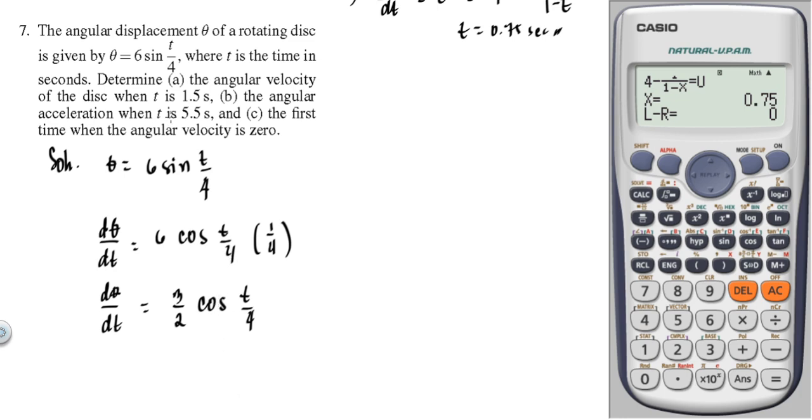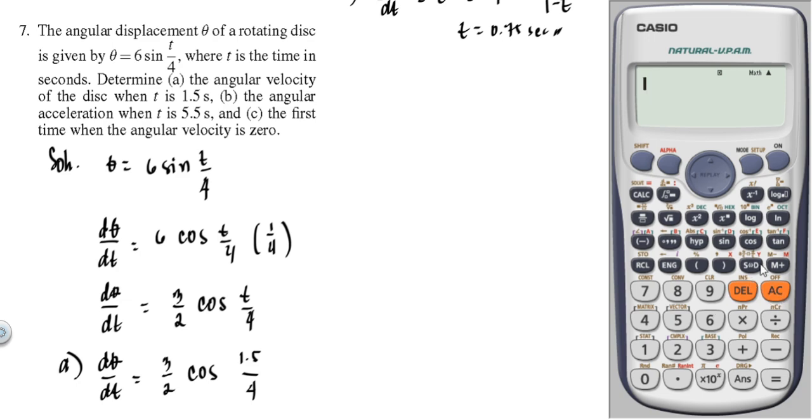What is the angular velocity when t is 1.5? So letter A, d theta over dt equals 3 halves cosine of 1.5 over 4. Let's compute this. First, change the mode. Shift mode, let's use radian because 1.5 over 4 is not in degrees.